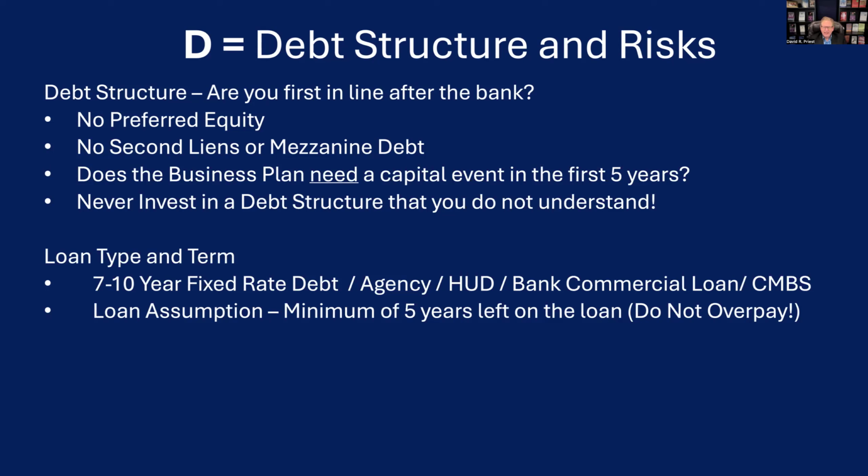Now, if you're looking at a loan assumption in a deal, you need a minimum of 5 years left on the loan, okay? Don't do one where there's 3 or 4 years, because the business plan is going to need a capital event in the first 5 years. Remember our rule that's up there. So minimum 5 years left on the loan, and make sure the operator is not overpaying on the loan.